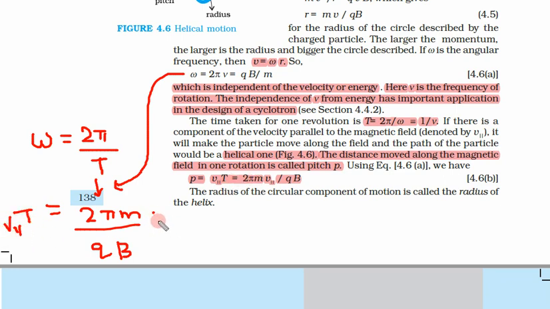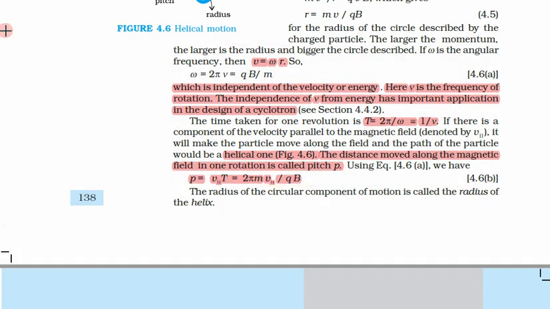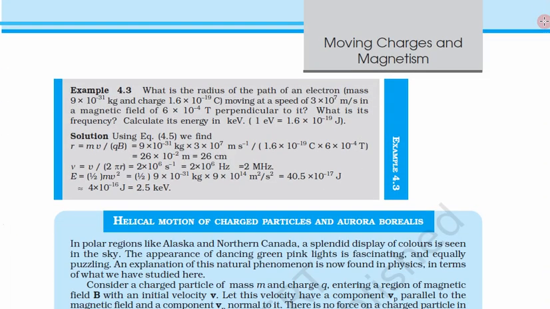So let us put v parallel. This is the pitch: pitch is 2 pi m v parallel by qB. The radius of the circular component of the motion is called the radius of the helix. The radius we can calculate as we did for the earlier case.